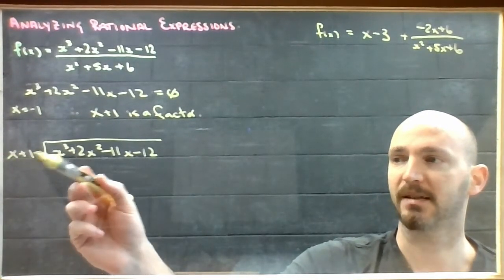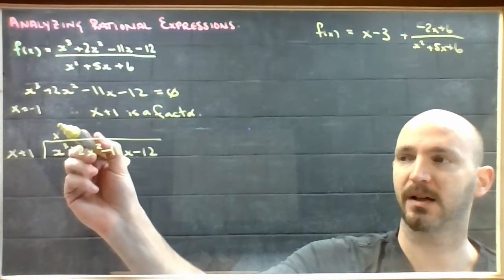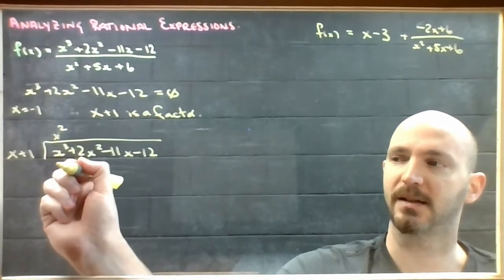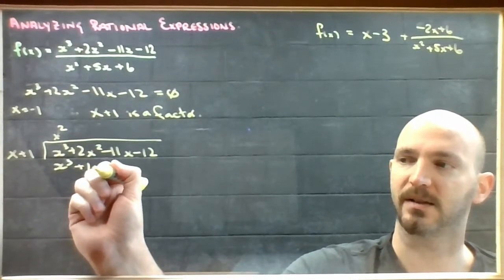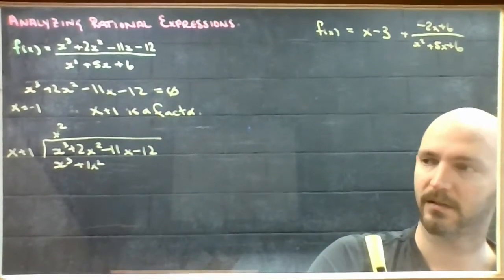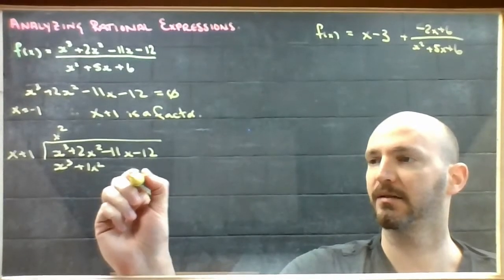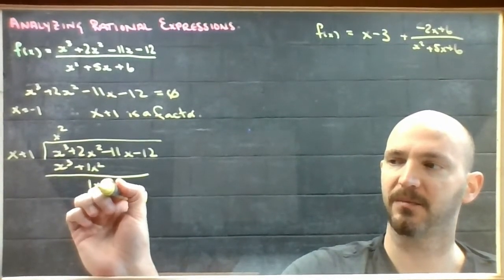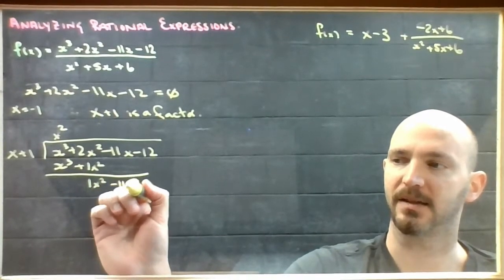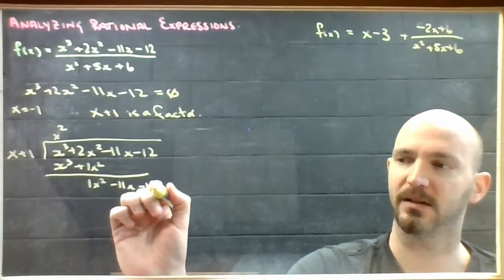So to make this into an x cubed, I need an x squared. X squared times x is x cubed. X squared times that is 1x squared. And if I take them out of the pile, 2 minus 1 is just one of them. That's still here. That's still here.